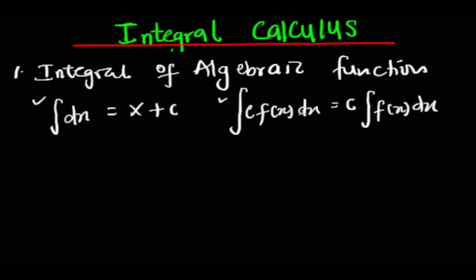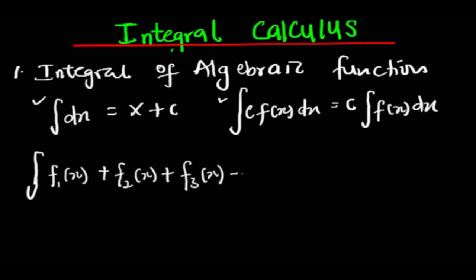Another thing I want you to understand is that if you are given the integral of, let me just say, f1 of x plus f2 of x plus f3 of x minus f4 of x, and you are asked to integrate this kind of thing, you are going to separate.